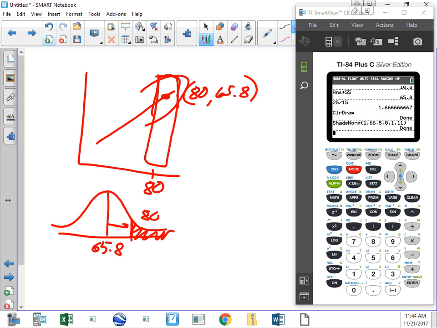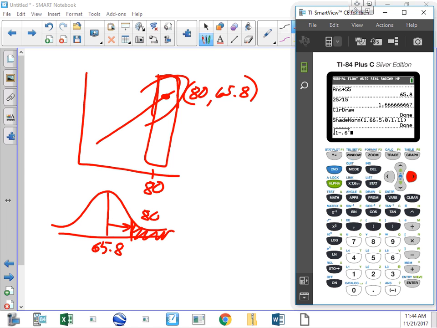Well, how many SDs is that? We don't use SD. We use the RMS error. And we calculated the RMS error to be, so it was the square root of 1 minus 0.6 squared times 15, is 12.